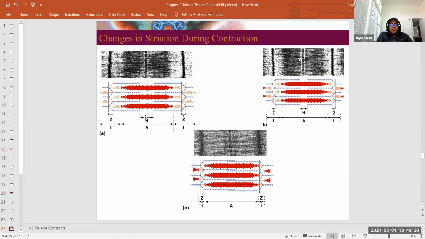So look, H zone here, H zone here. I band here, I band here, I band here, and H zone here. Look at the sarcomere length, Z disc to Z disc. This is the sarcomere length.